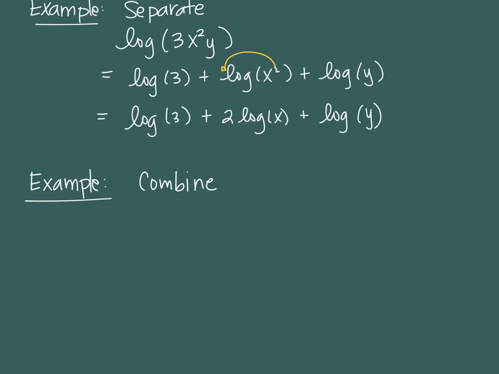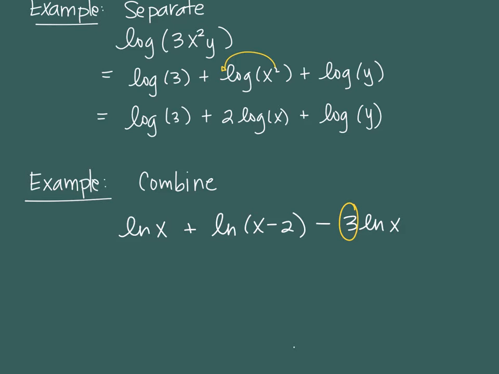So let's combine an ln of x plus an ln of x minus 2 minus a 3 ln x. Now we're asked to combine all of that. Before you can combine, you have to get rid of any coefficients.